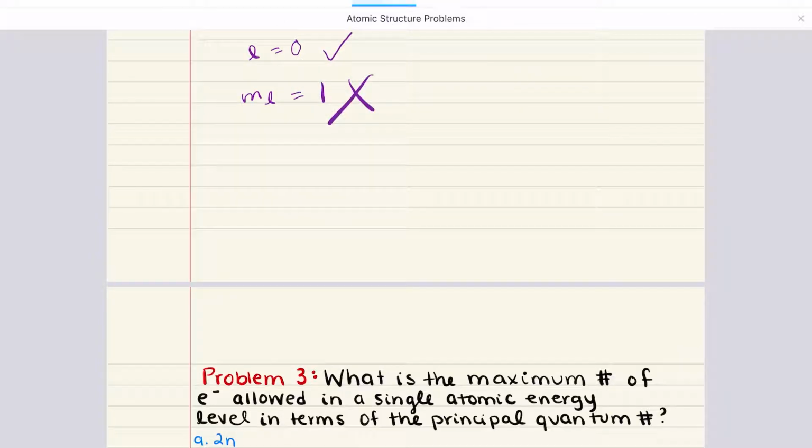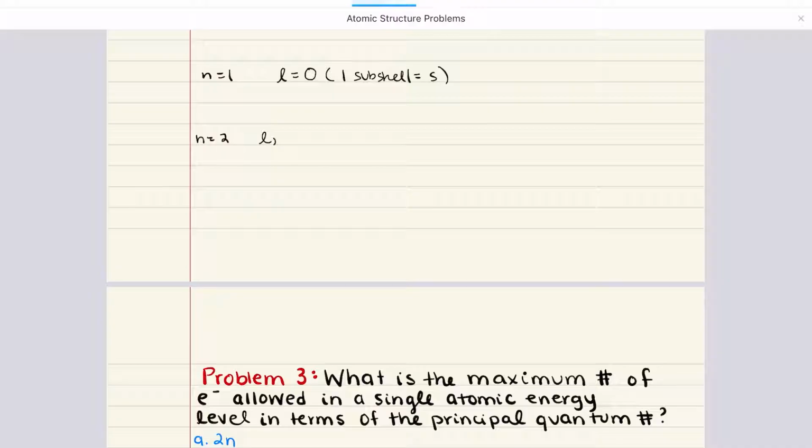So let's say for n equals 1, we only have one subshell, right? Because L can only equal 0. This means that we only have one subshell, which is that S subshell. When n equals 2, L can be either 0, which is that S subshell, or L can also be 1, which relates to that P subshell.